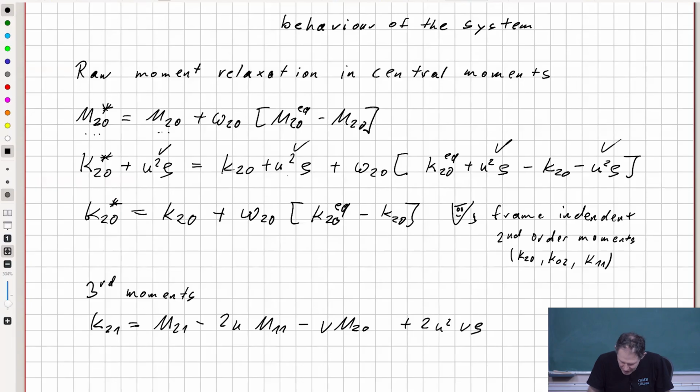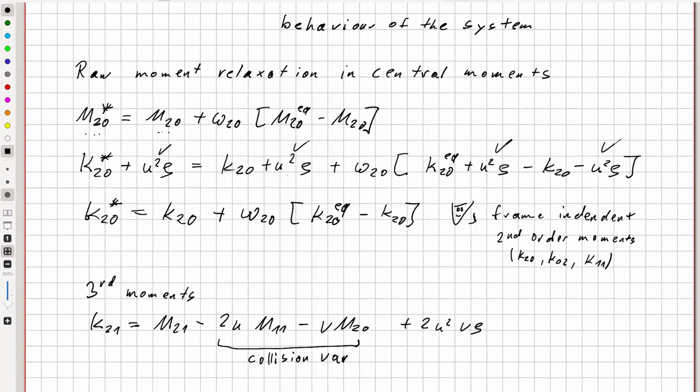Now there is a difference here, because here we have something that is not invariant under collision. So we call it collision variance. And only this here is collision invariant, as long as there is no force.